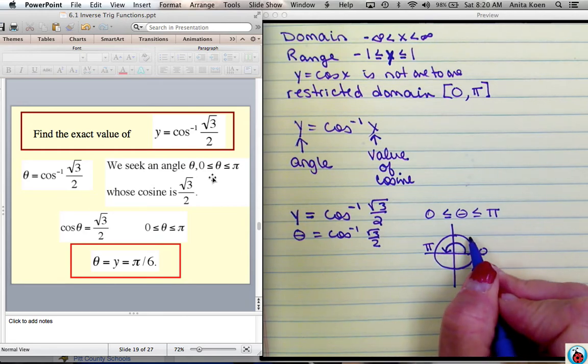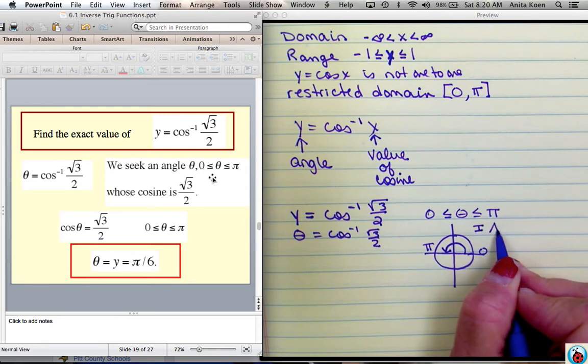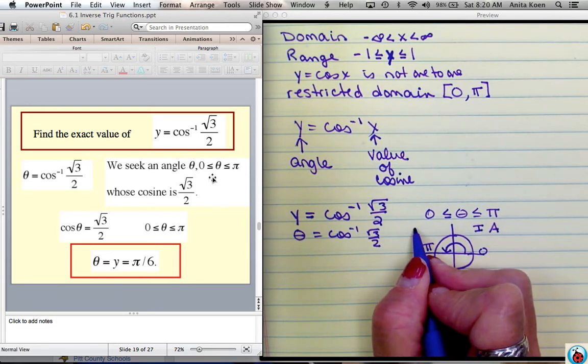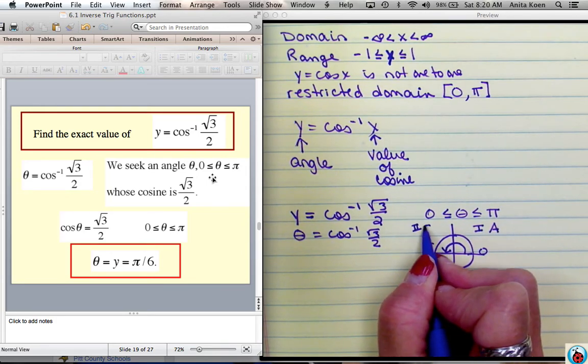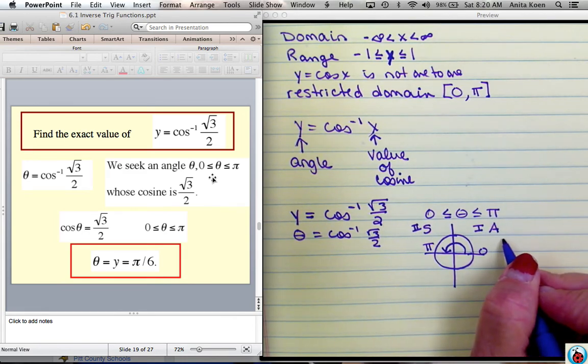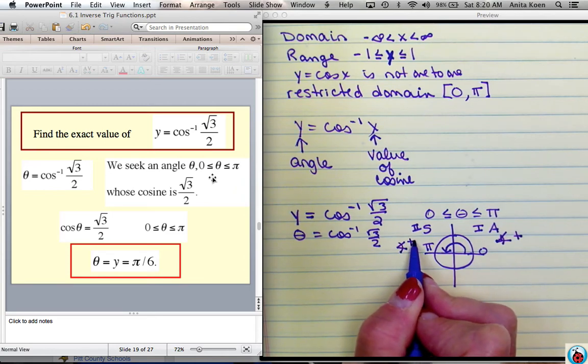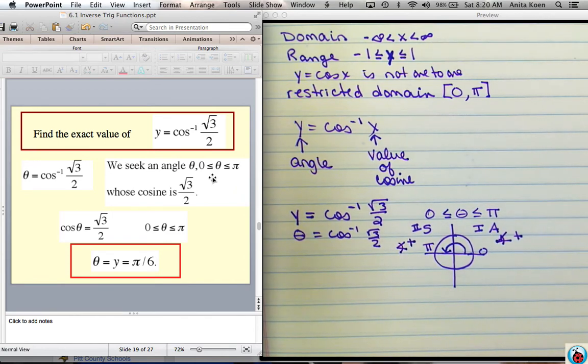In quadrant 1, all of my trig functions are positive. In quadrant 2, the sine and its reciprocal are positive. And in quadrant 1 my angles will be positive, and in quadrant 2 my angles will be positive. So here I'm looking for positive angles all the way around.